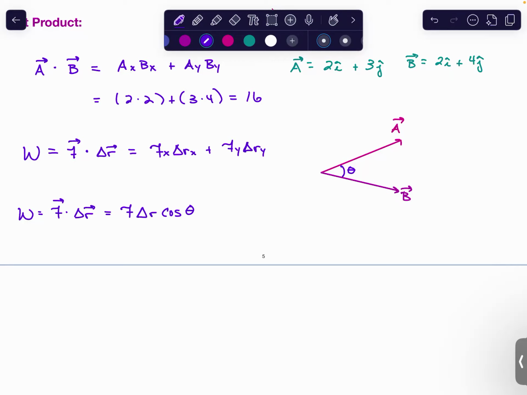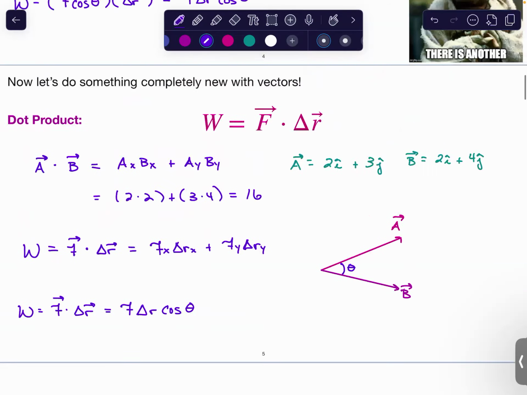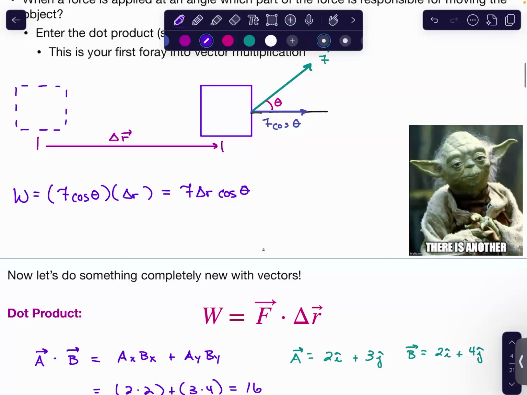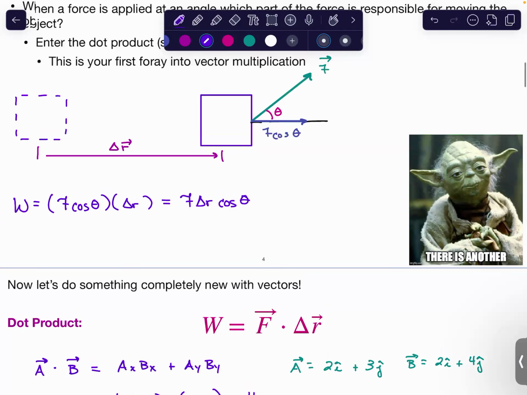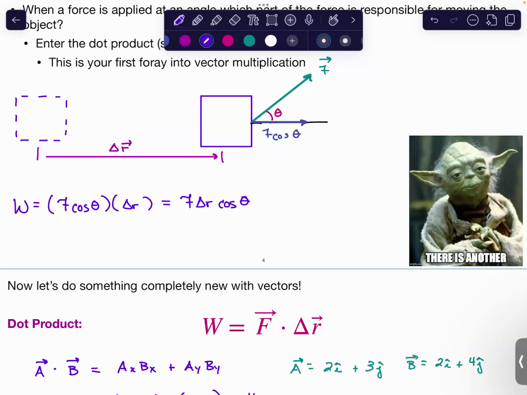So if you go back up to where the box was being pulled by a force that's not parallel, well, the delta R is going to be parallel. So let's just look at that. You see how the delta R is horizontal? And then the F makes an angle theta with the horizontal.